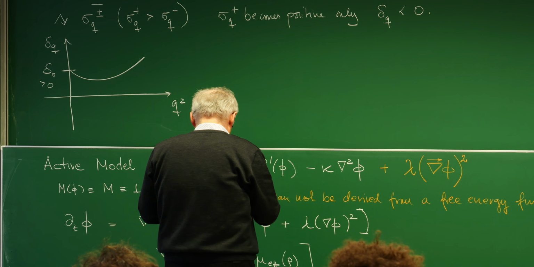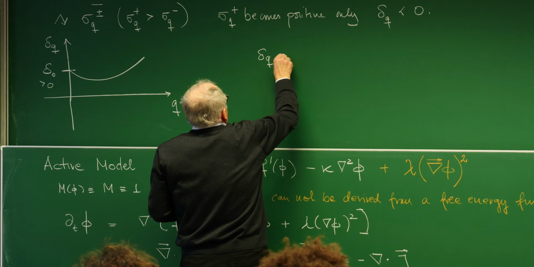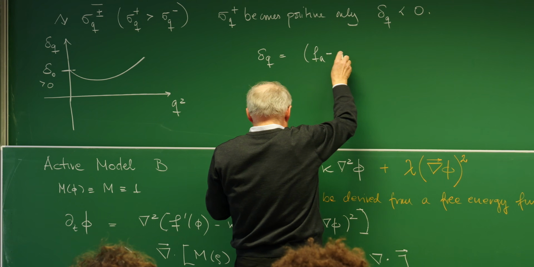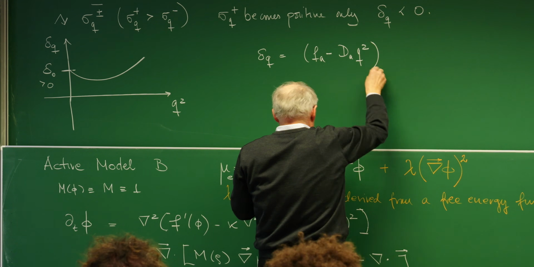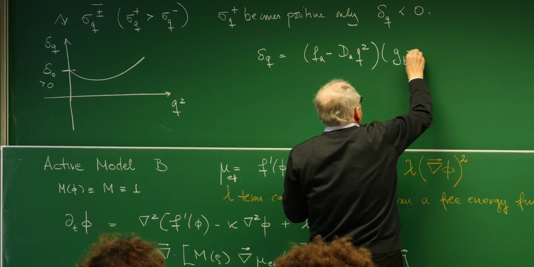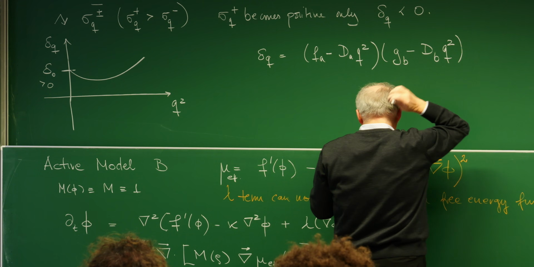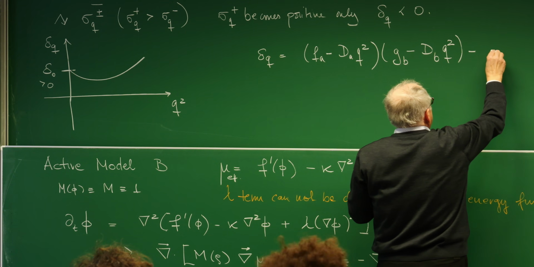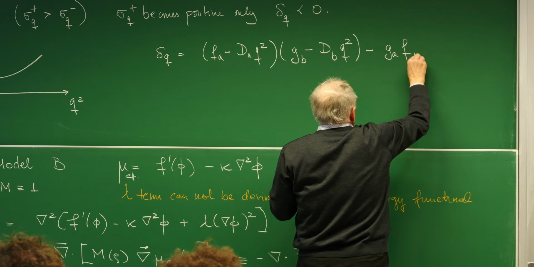Because when you evaluate delta Q, you will get a corresponding expression. So let me write it down so you see it. Delta of Q, when you write it down, is Fa minus dA Q squared times Gb minus dB Q squared minus Ga Fb.